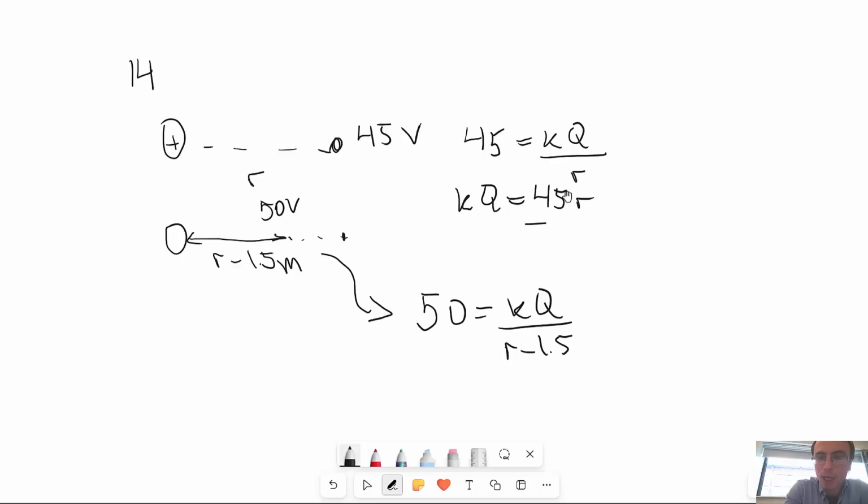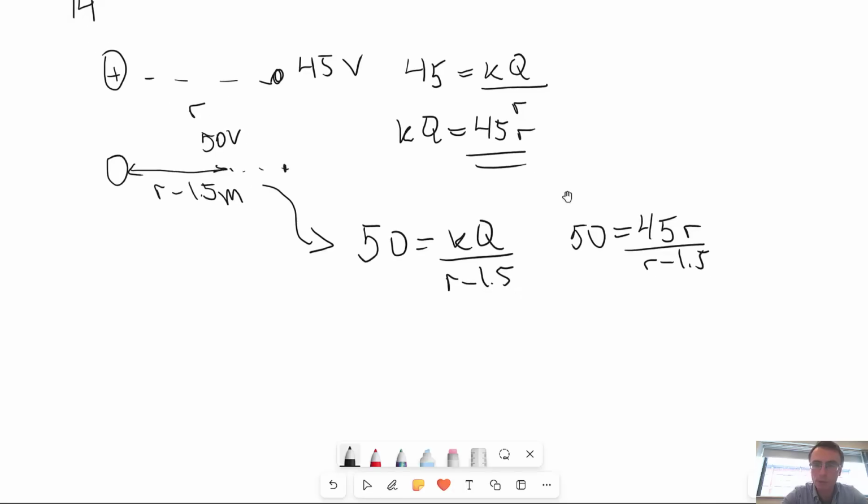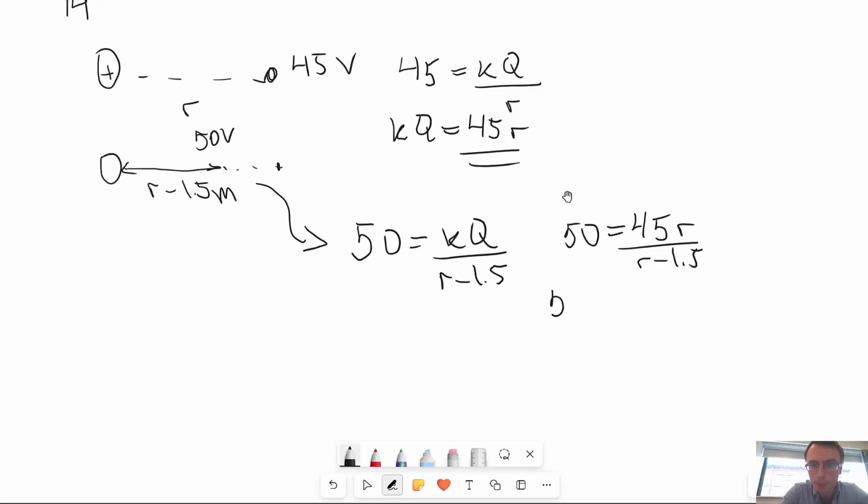But we already have the value of the constant multiplied by Q. So 50 is equal to 45R over R minus 1.5. Then we say 50 times (R minus 1.5) is equal to 45R.